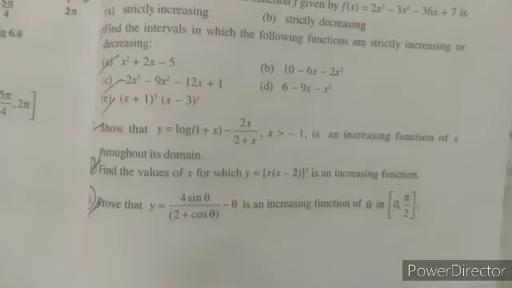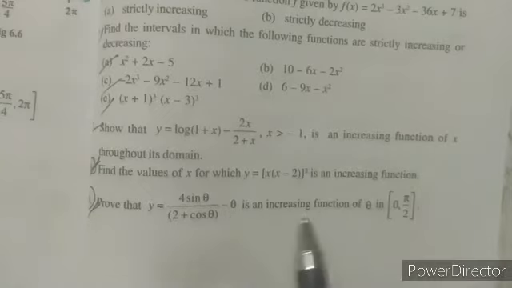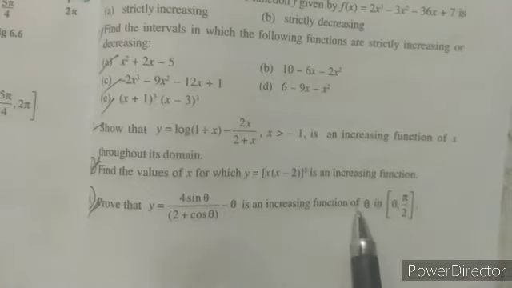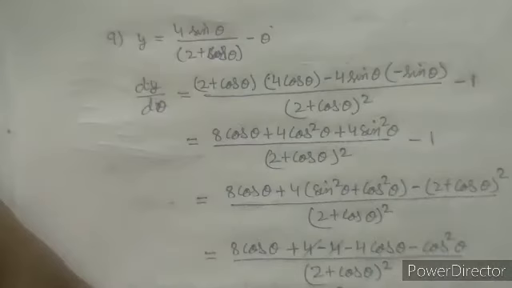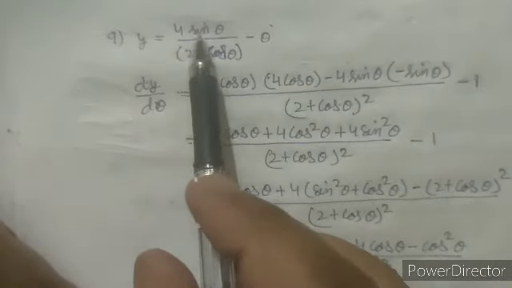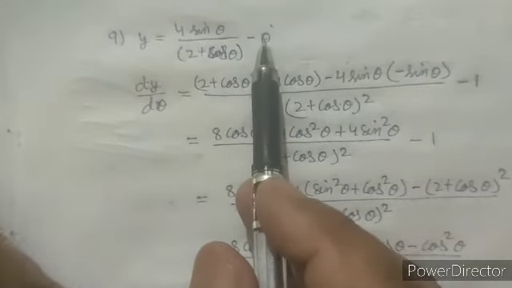In question number 9, we have to prove that y equal to 4 sin theta upon (2 plus cos theta) minus theta is an increasing function of theta in 0 to pi by 2. Now y equal to 4 sin theta upon (2 plus cos theta) minus theta is the given function.